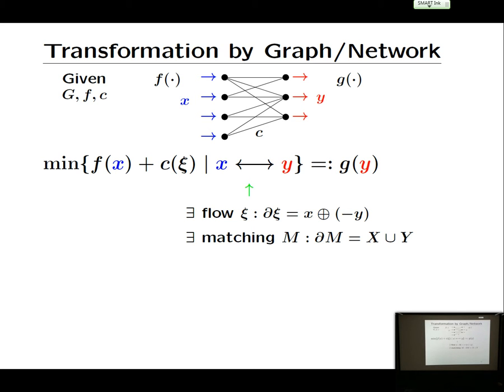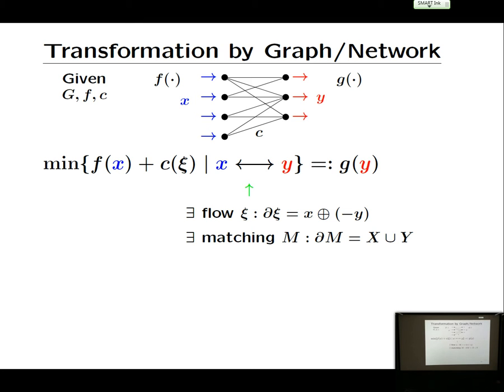Then the function version of this is, given a function f on the vertices here, and maybe a linear cost function on the edges, and if you have y here, you look for x which matches y, such that f of x, the function value on the vertices, plus the function value on the edges, is minimum. So you can define a function g in this way. So it induces a function from f through the graph.